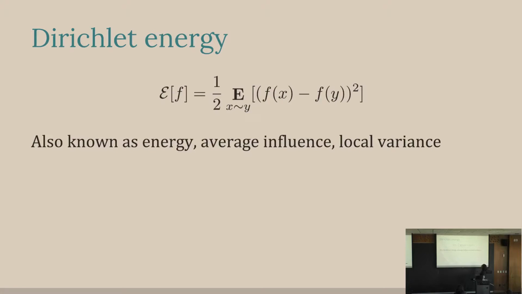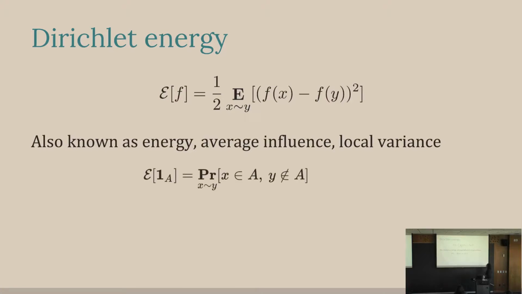What this is saying is it's the expectation, over a random edge, of the squared difference of the function on either end of the edge. The half here you can just kind of ignore because it's just a scaling factor that makes some things easier. All the constants in this talk are not super important.